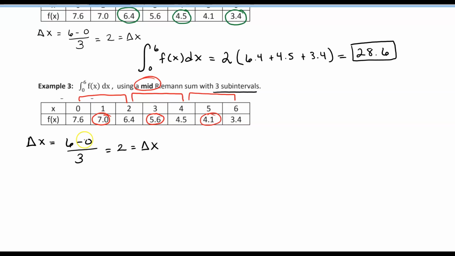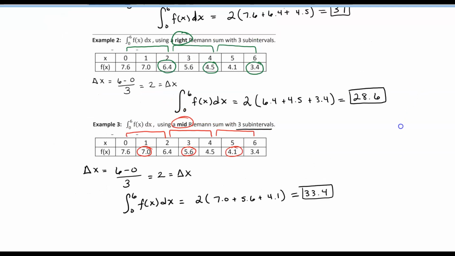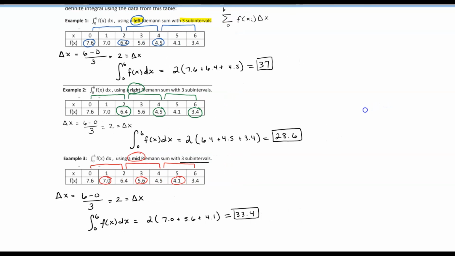Again, we can factor out that 2 when we're doing our computation, and we get 2 times the sum of 7.0 plus 5.6 plus 4.1. When we do that on our calculator, possibly even in our heads, we get something like this: 33.4 units squared.